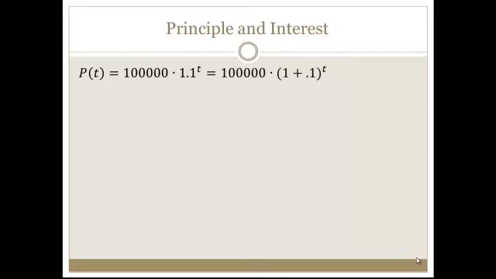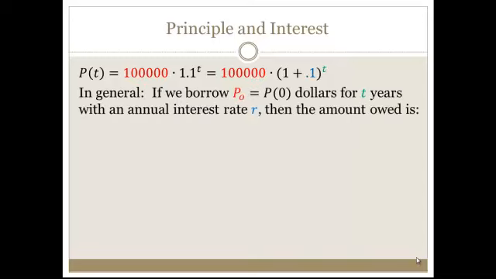The 1.1 came from 1 plus our interest rate of 0.1, or 10%. In general, if we borrow P naught, or P of 0, dollars for t years with an annual interest rate of r, then the amount we owe is P naught times 1 plus r to the t.